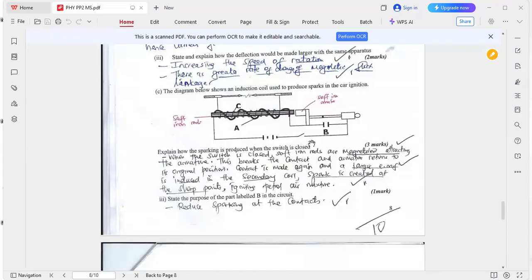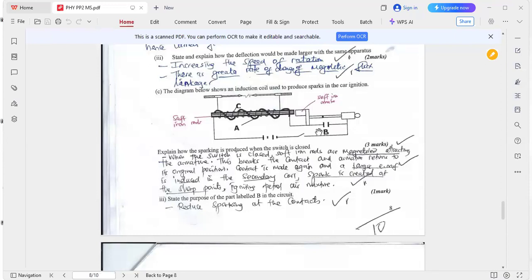And we have two things happening here, connecting and disconnecting. When we connect here, this contact here is going to break, disconnecting the same circuit. So you need to ask yourself, between connecting and disconnecting, where do I have a higher EMF induced?